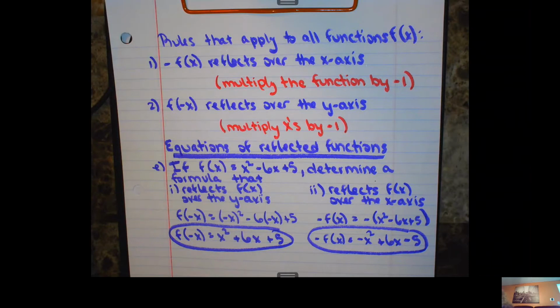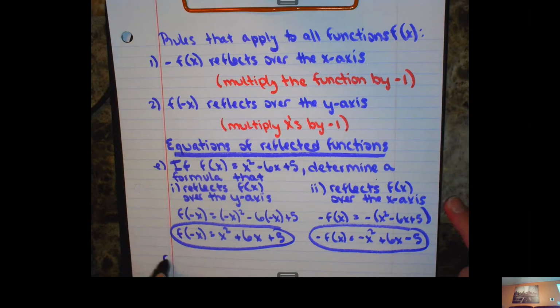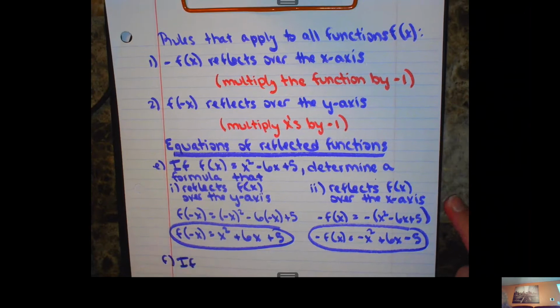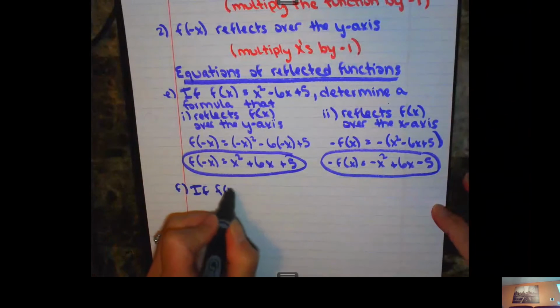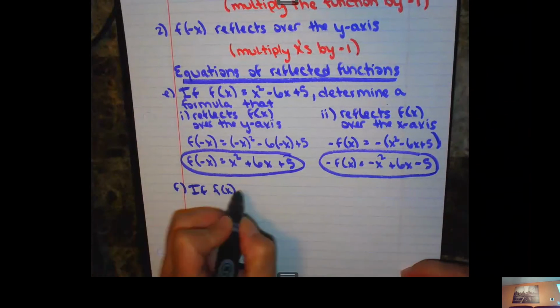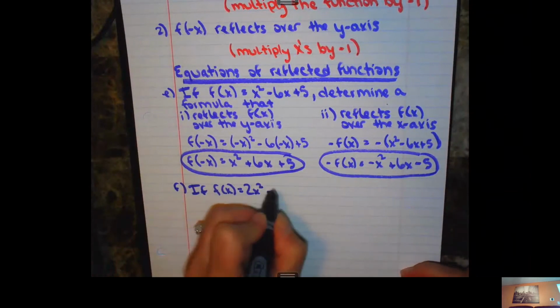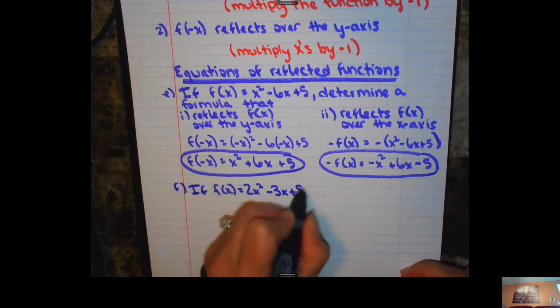And you write: if f of x equals, I'll move this up a little bit, 2x squared minus 3x plus 8.